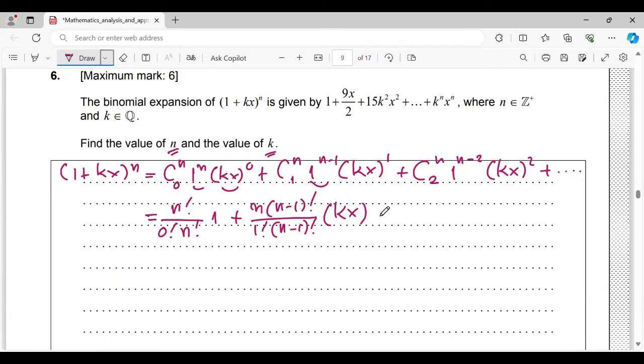Plus the next combination, n times (n minus 1) times (n minus 2) factorial over 2 factorial times (n minus 2) factorial, times k squared x squared, plus so on.